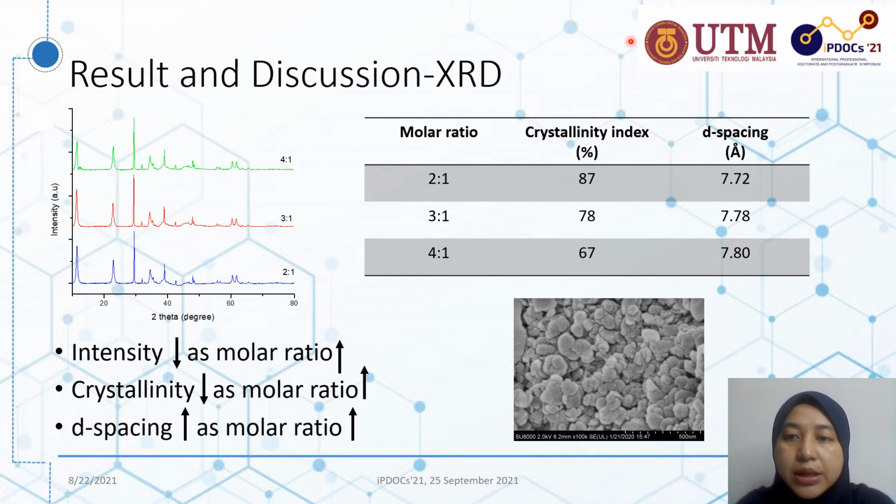For the spacing, the smallest is 2 to 1, and 3 to 1 is 7.78, and 4 to 1 is 7.8. It is suggested that the smaller spacing is because the orientation is horizontal, while the bigger spacing is due to vertical orientation.